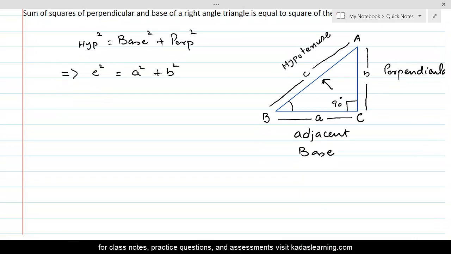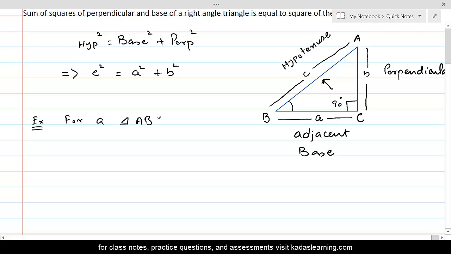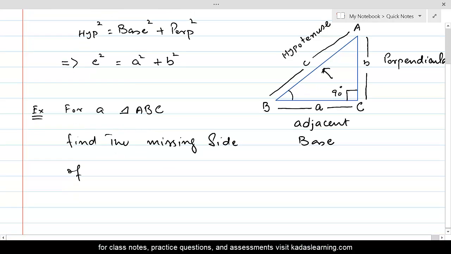And let's do one question here: for a right angle triangle ABC, find the missing side of the triangle.